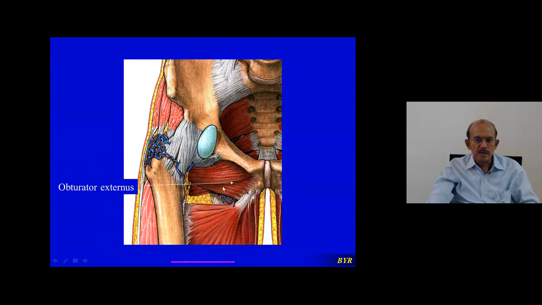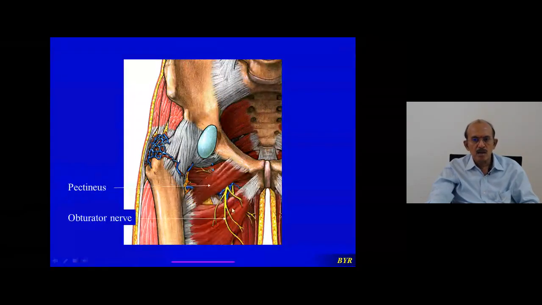That is obturator externus muscle, and this is the pectineus muscle. Pectineus muscle is situated in front of the obturator externus. It actually covers the obturator vessels and nerves, and the obturator nerve is going down here like this. Below the pectineus muscle, you can see the obturator nerve.